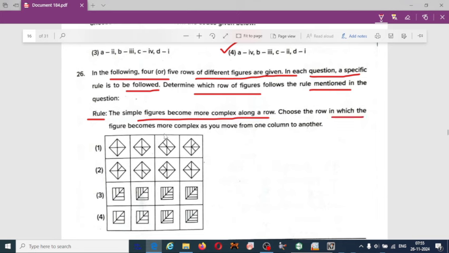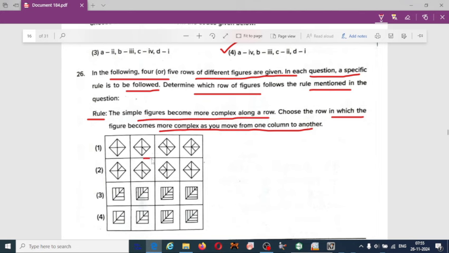Choose the row in which the figure becomes more complex as you move from one column to another. So here are the rows. If you observe the given 4 options, the first one is not that complicated.